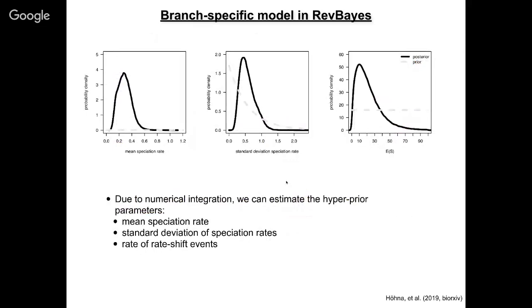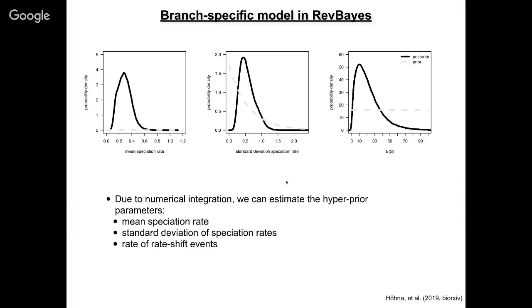So what we also tested and implemented here, which is specific and new to our stochastic character mapping, is that you can also estimate these hyperparameters. For example, we used the uniform distribution on the mean speciation rate.